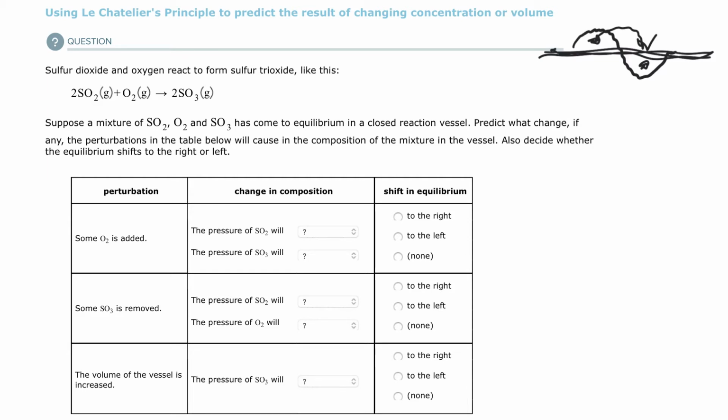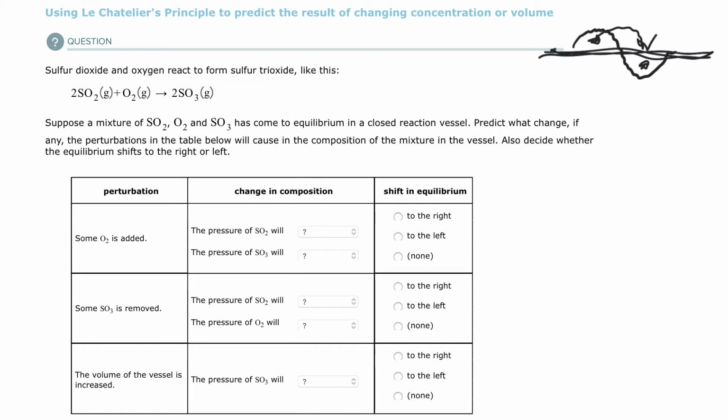So if you have a high concentration of oxygen or sulfur dioxide or something that is added to the vessel after it's reached equilibrium, it's actually like a pile of water that has to fall away from itself in order to reestablish equilibrium. Okay, so wherever the concentration is, it's going to go the other direction.